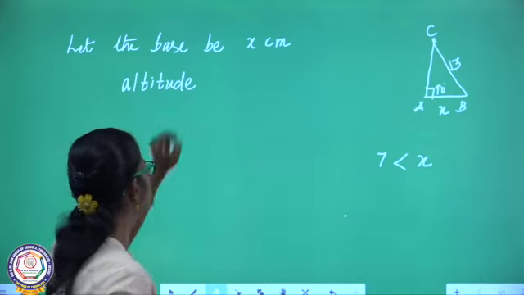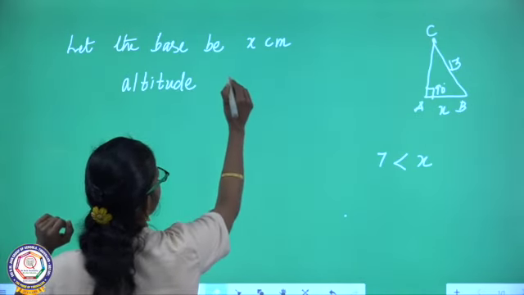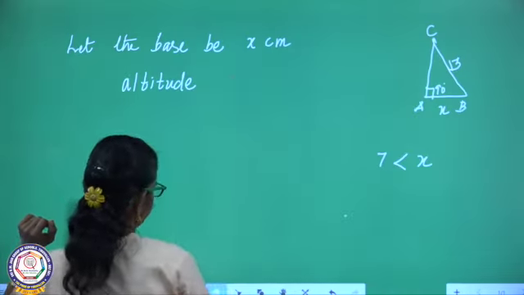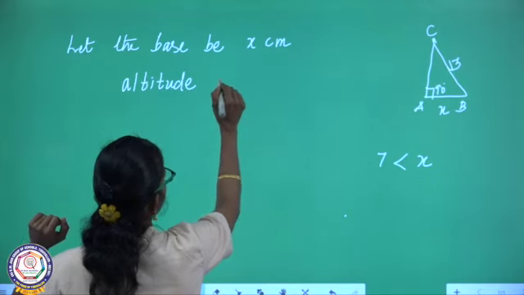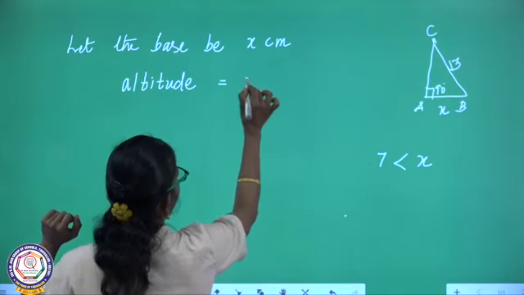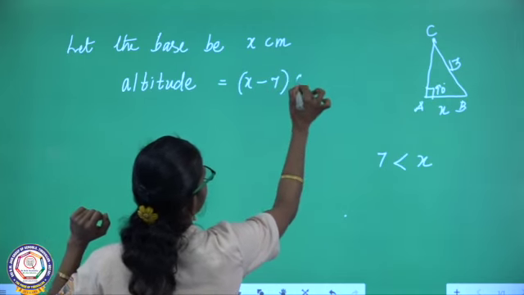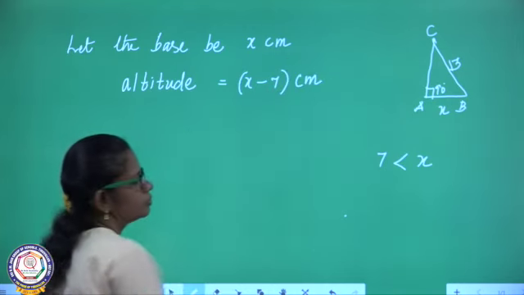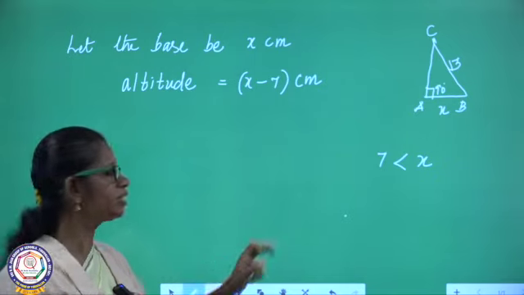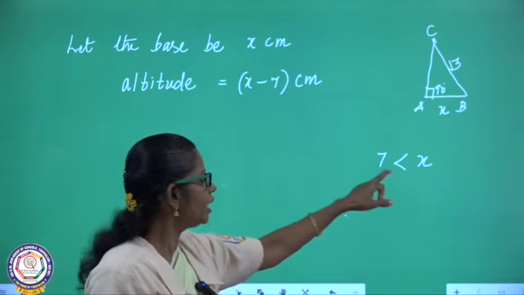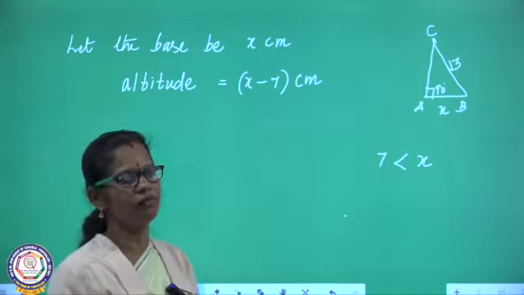So, now what is altitude? Altitude equal to x minus 7 centimeter. 7 less than x, how I modified? x minus 7.